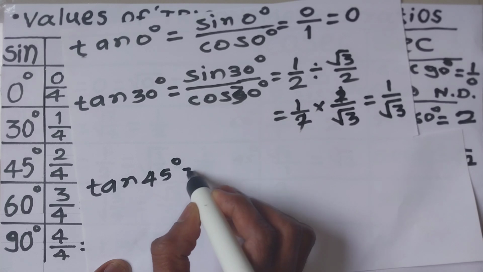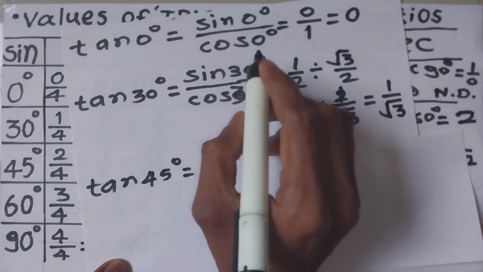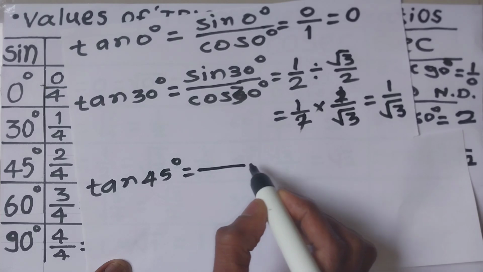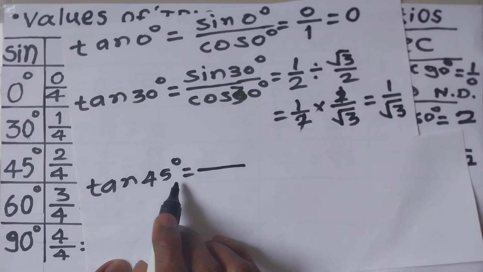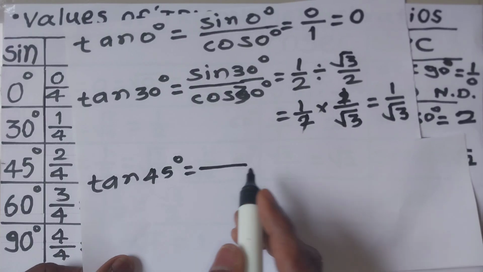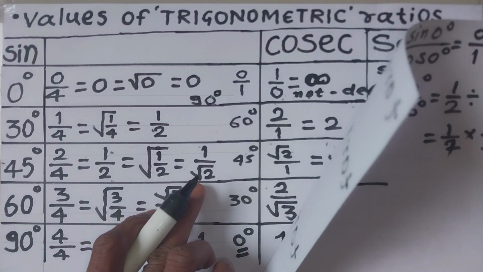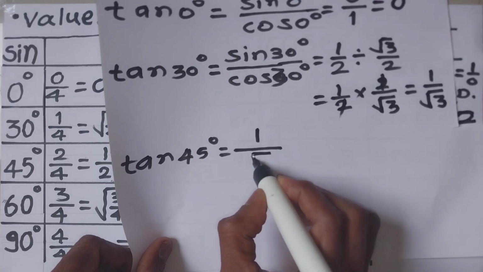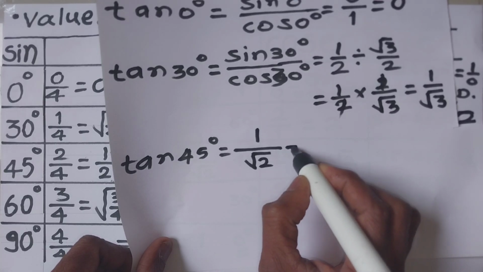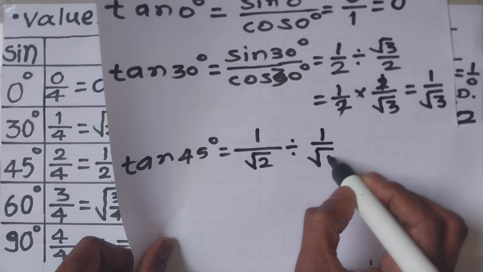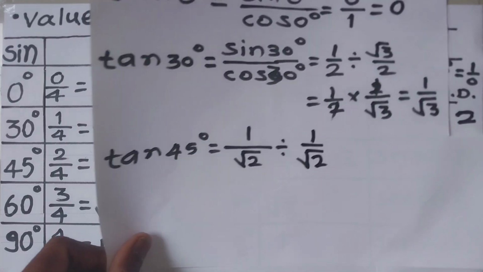In the same way we will find out tan 45 degree. We will use the same formula, only instead of 30 degree we write 45 degree. Tan 45 degree is equal to sin 45 degree upon cos 45 degree. The value of sin 45 degree is 1 upon root 2, divided by the value of cos 45, which is also the same.